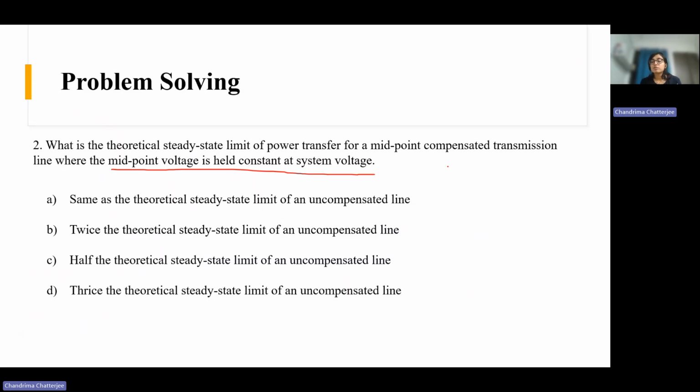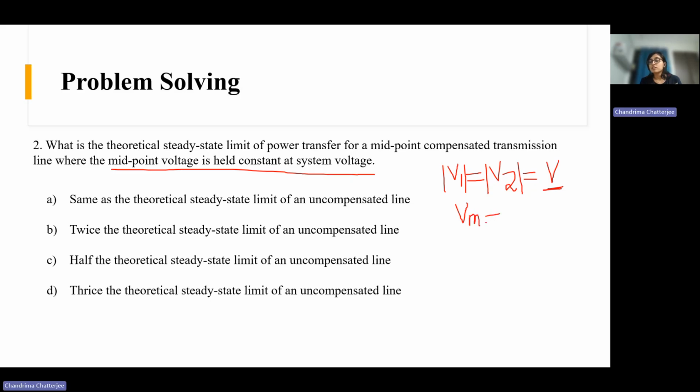If you are considering a symmetrical line, then V1 is equal to V2 is equal to V. But this is only the magnitude, not the phase. So their magnitudes are the same, and you are also maintaining the midpoint voltage at V. So Vm is also equal to V.